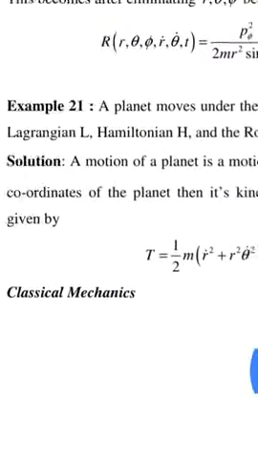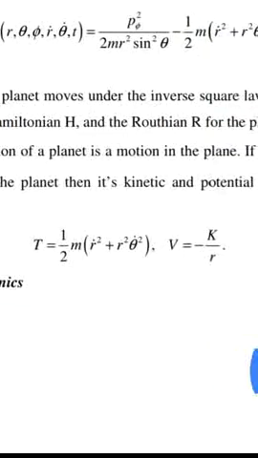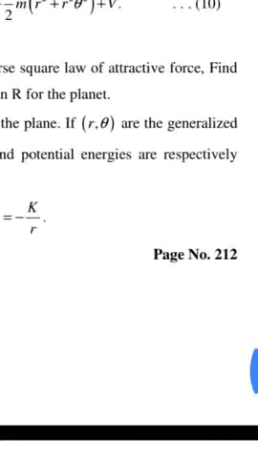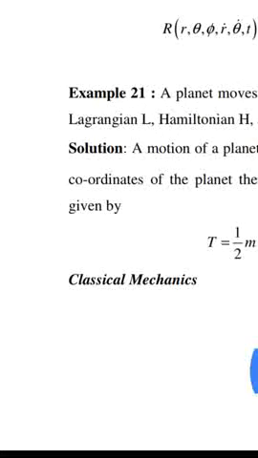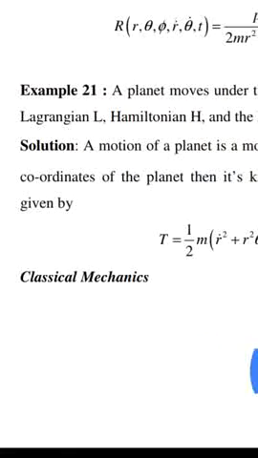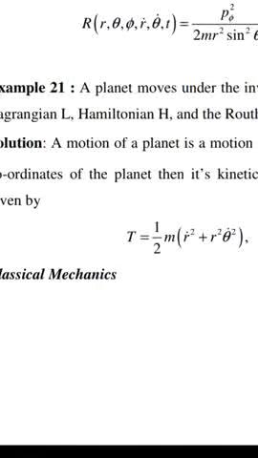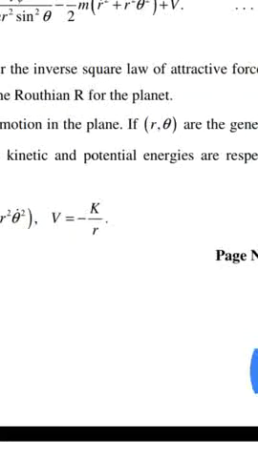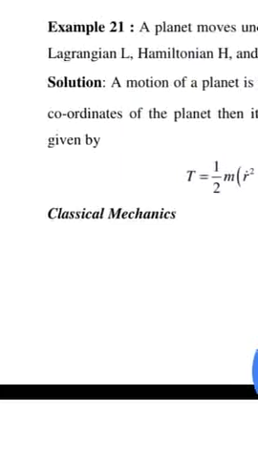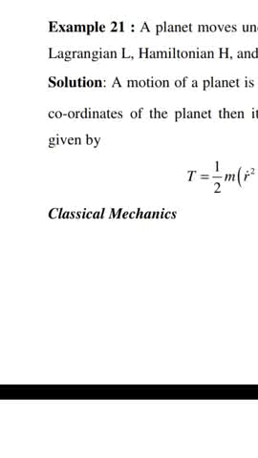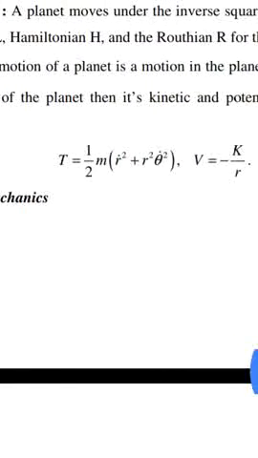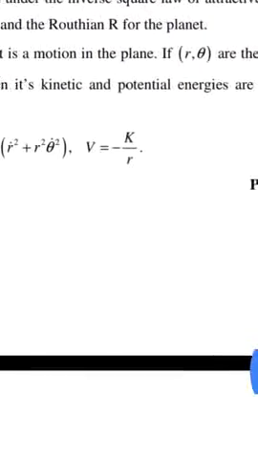Solution: the motion of a planet is a motion in a plane. If r, theta are the generalized coordinates of the planet, then its kinetic and potential energies are respectively given by T is equal to 1 by 2 m (r dot square plus r square theta dot square), V is equal to minus k by r.